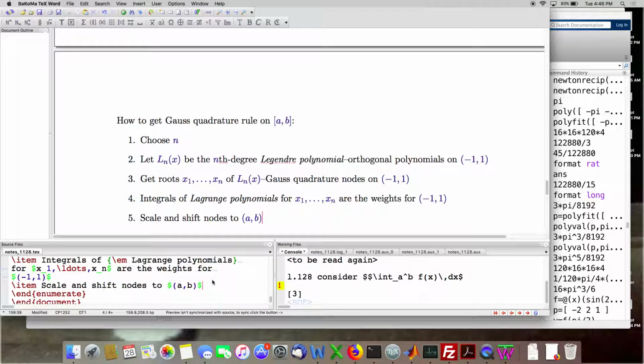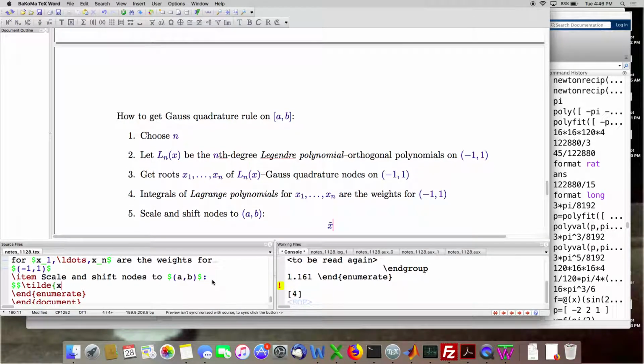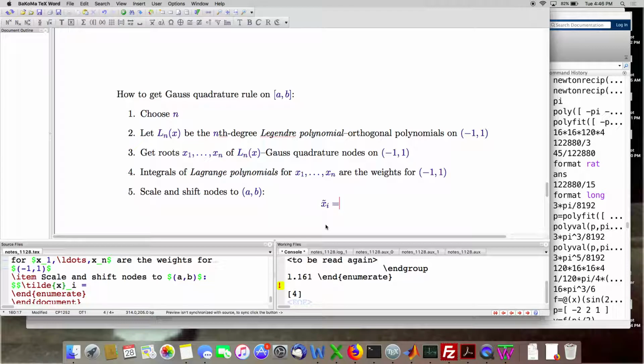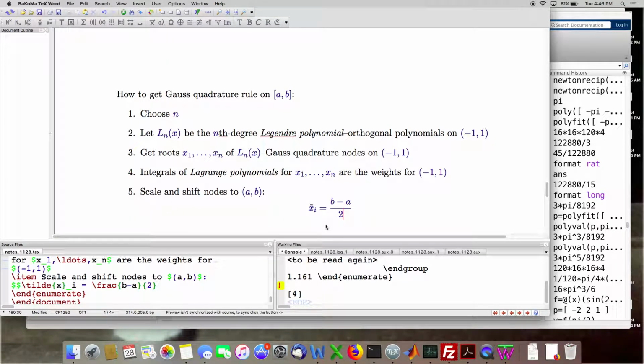All right, so that would be, okay, I don't recall what notation I used in the book. I don't feel like looking. So x tilde i will be the nodes for [a, b]. So all we need to do is multiply the old nodes by (b - a)/2, because -1 to 1 has width 2, so we divide by that width.